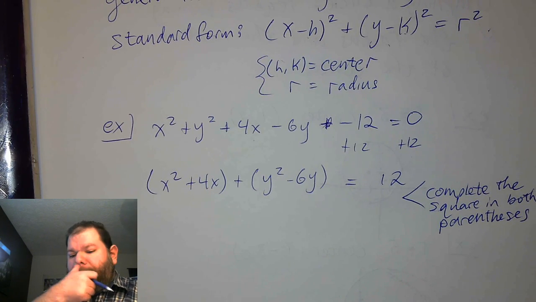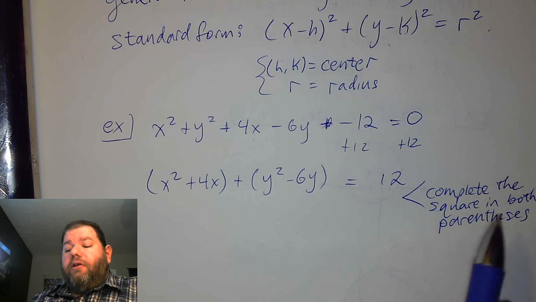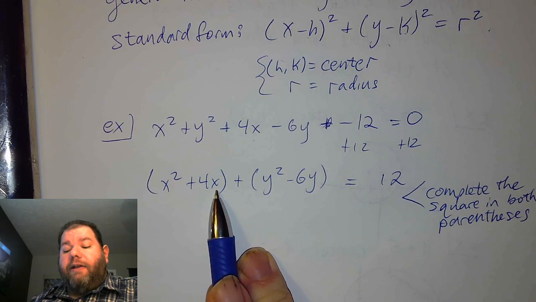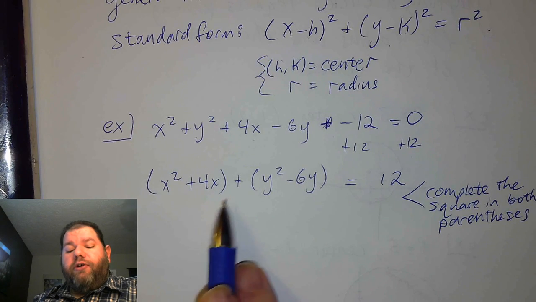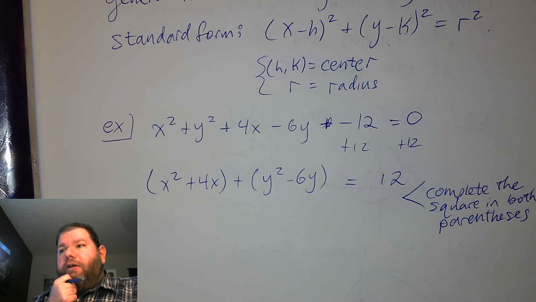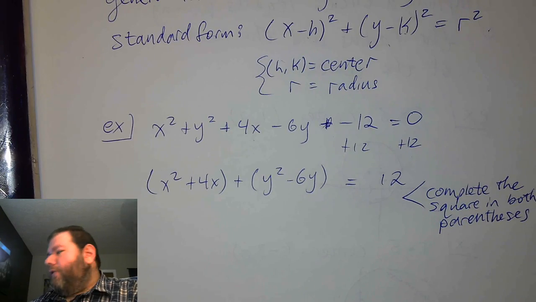So with x squared plus 4x, when we say complete the square, we're saying, okay, what number needs to be added to that so that the resulting trinomial is a perfect square. And when we say a trinomial is a perfect square, that means if we factor it, we get two identical factors. So instead of having x squared plus 4x plus a number, we'll just have x plus a number in parentheses squared instead. And we'll have something similar for the y variables also.